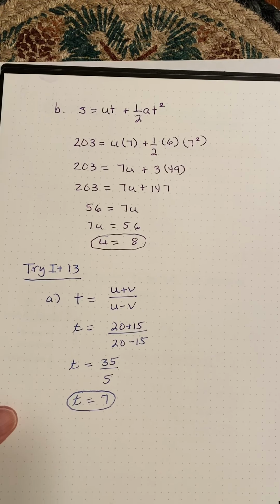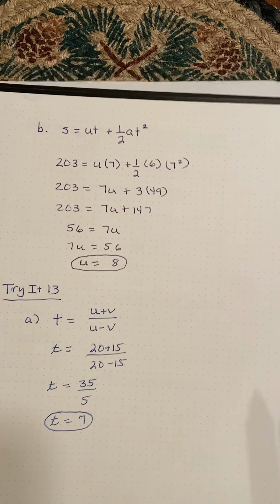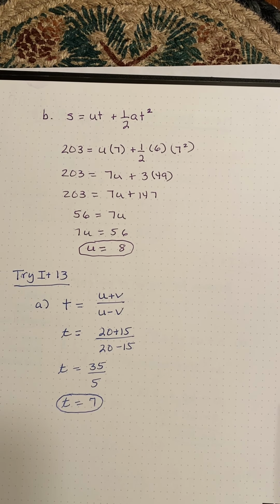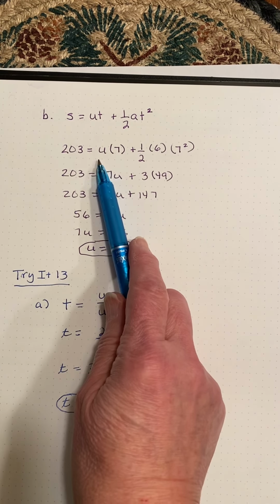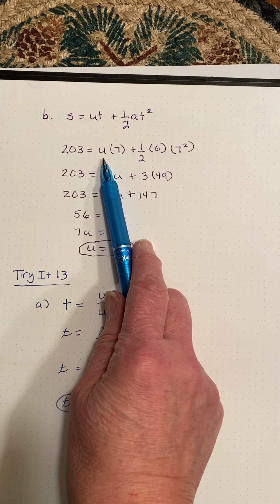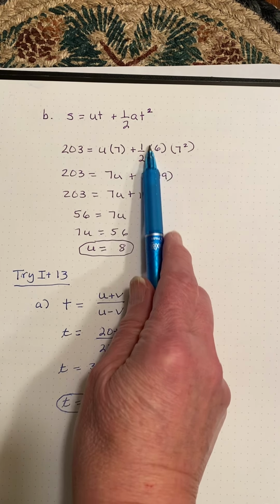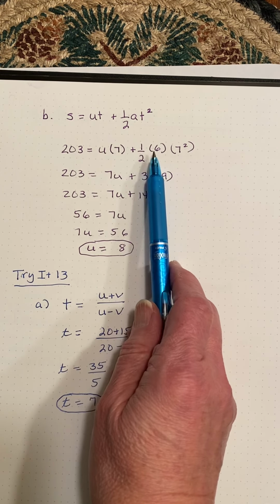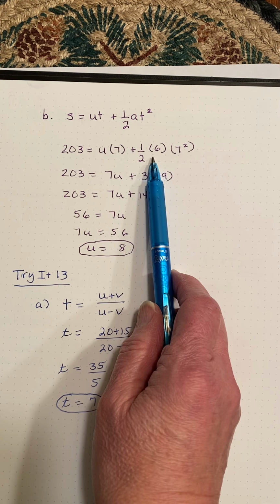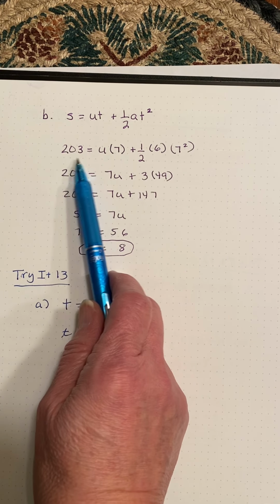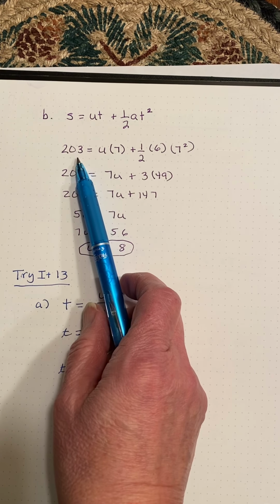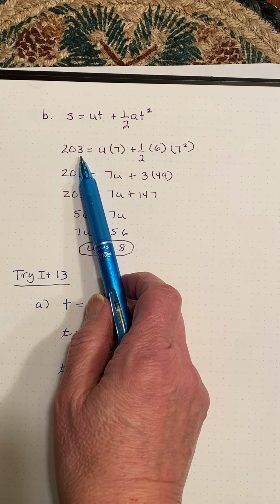B, use that same formula for motion of an object, and I have different numbers to plug in. This time they want us to find the value of U when A is 6. So half times 6, so half of 6, which will be 3. And S is 203, so that's what the whole thing is going to equal. And T is going to be worth 7.